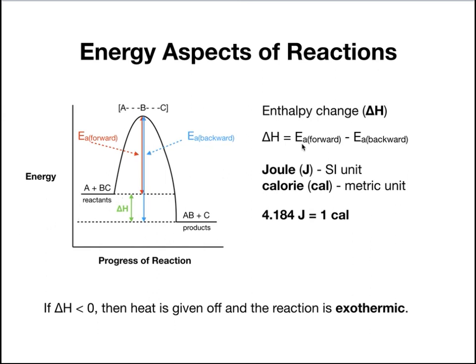Notice if you take the activation energy for the forward reaction minus the activation energy for the backward reaction, for this particular case, the activation energy for the backward reaction is greater than that of the forward reaction. So you're going to end up with a negative delta H in this instance. So if it's ever negative, that's going to be an exothermic reaction. In other words, the products have a lower energy than the reactants. Okay.